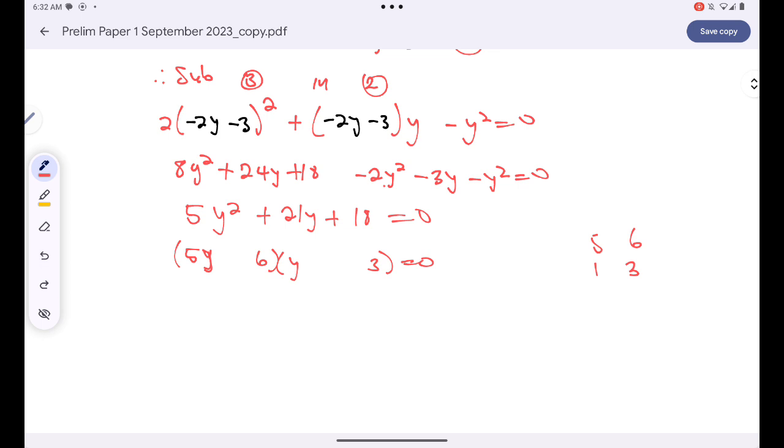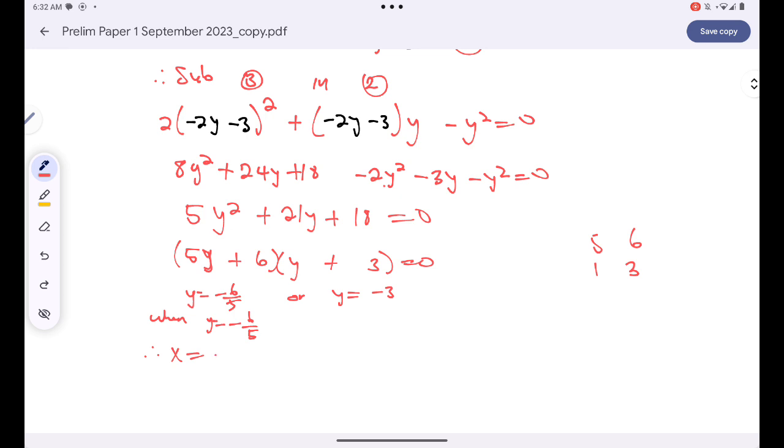My brackets will have the same sign, but not just any sign, the sign of the middle term. So that's plus, and hence y is equal to negative 6 over 5, or y is just equal to negative 3.